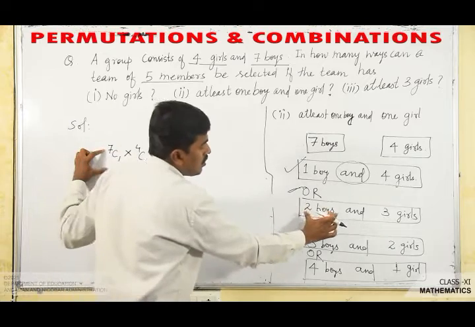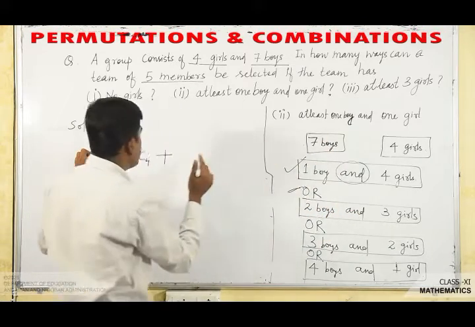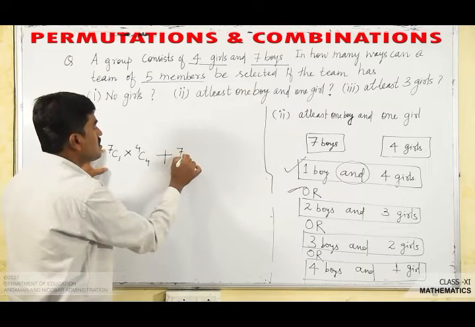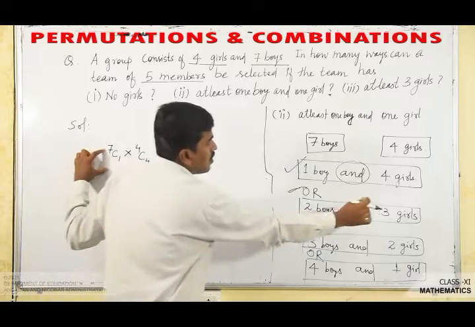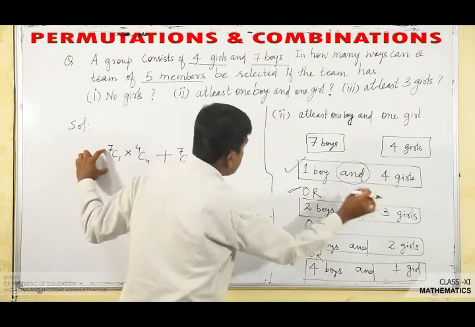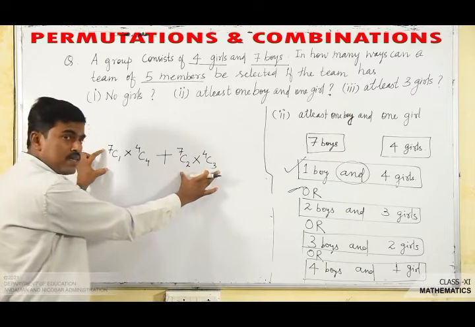Now we have to select 2 boys and 3 girls. So 2 boys out of these 7 boys can be selected in 7 C2 ways. And is there, so into out of these 4 girls we have to select 3 girls. So it is 4 C3 ways. So this is the second case.